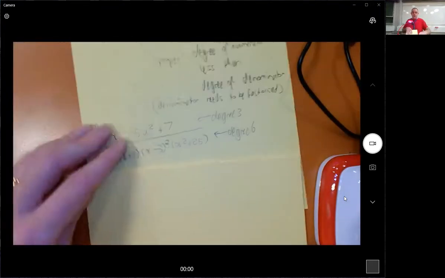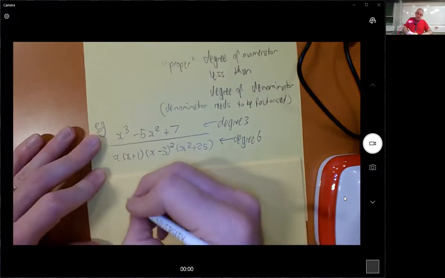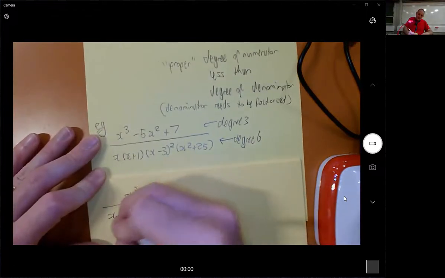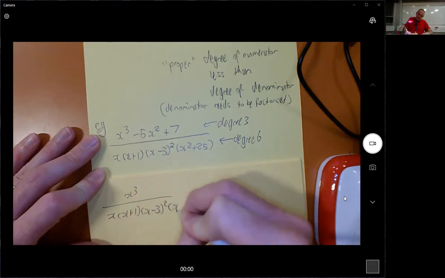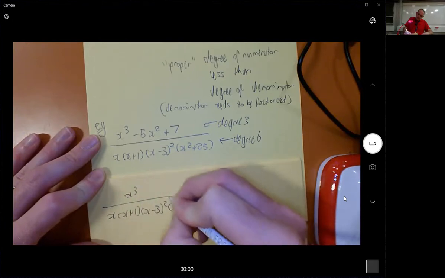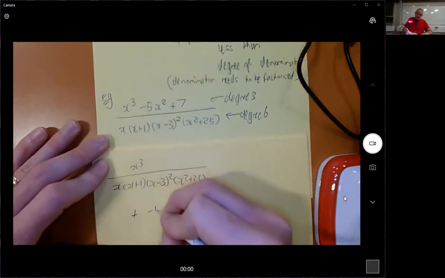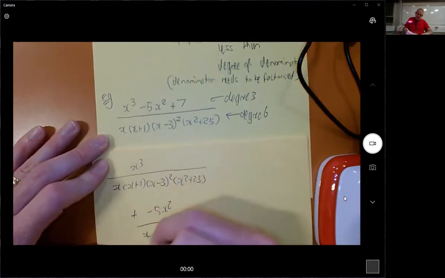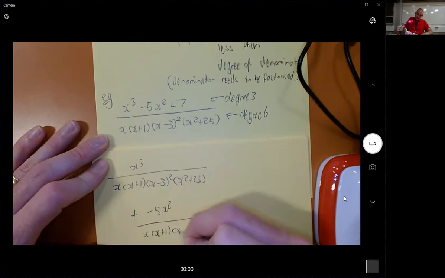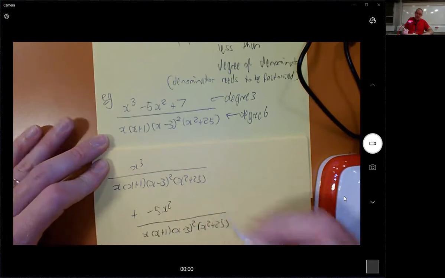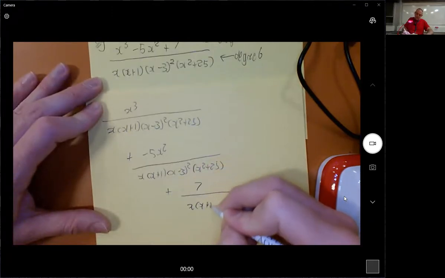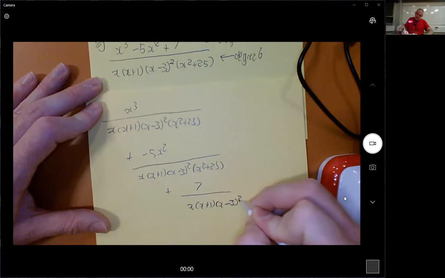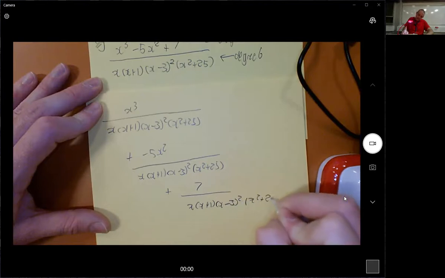So this fraction here, it's got x cubed on x times (x plus 1) times (x minus 3) squared times (x squared plus 25). And it's got minus 5x squared on x times (x plus 1)(x minus 3) squared (x squared plus 25), and it's got plus 7 over x times (x plus 1) times (x minus 3) squared times (x squared plus 25).